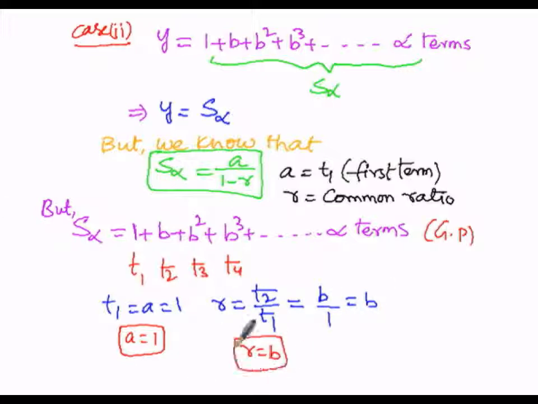Now I am going to substitute these two values in the formula S infinity equals a by 1 minus r. Put a equals 1 and r equals b in S of infinity equals a divided by 1 minus r.